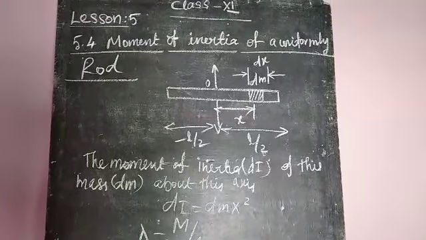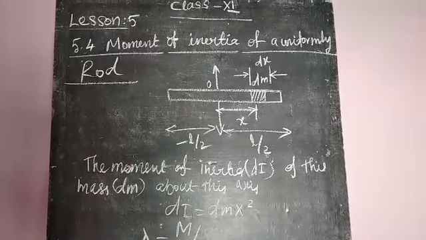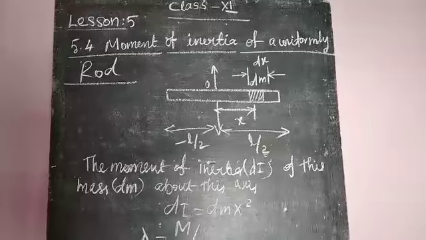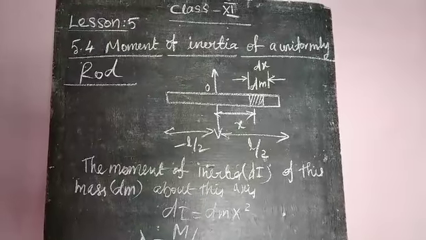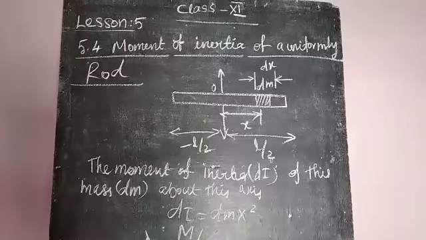Next, content number 5.4, moment of inertia of a uniform rod. Consider a uniform rod of mass m and length L shown in the figure.